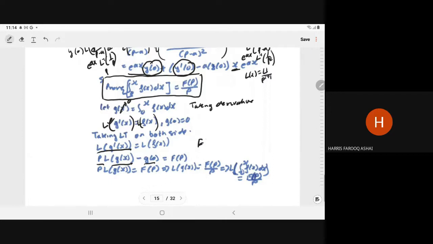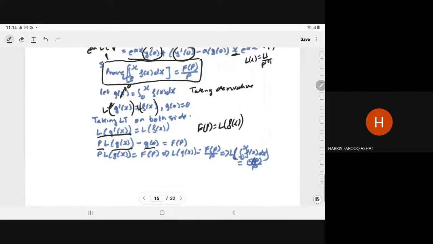Generally we write F(p) as a Laplace of f(x). So the right hand side will become F(p), and g(0) we have just proved is equal to 0. So L of g(x) will come F(p) upon p. And g is the integral 0 to x f(x) dx. So here we have the result.